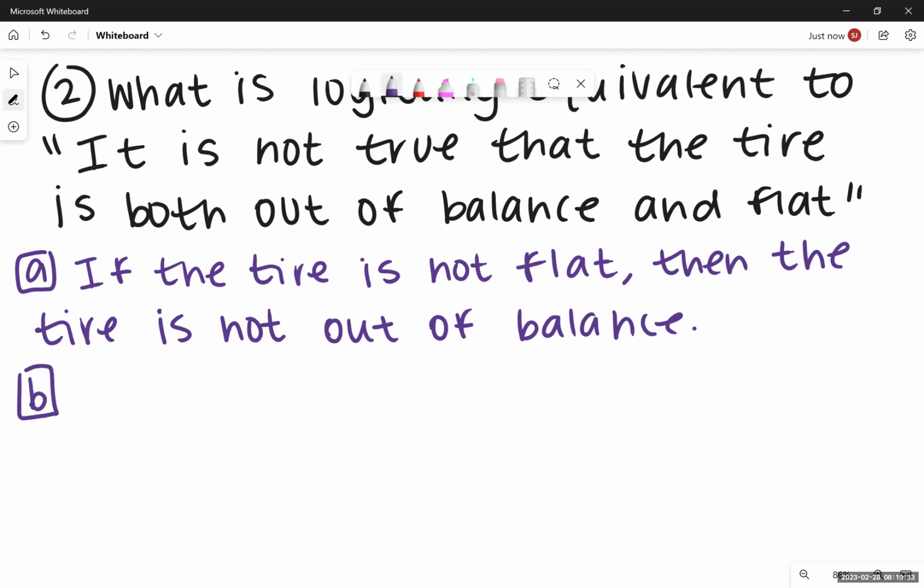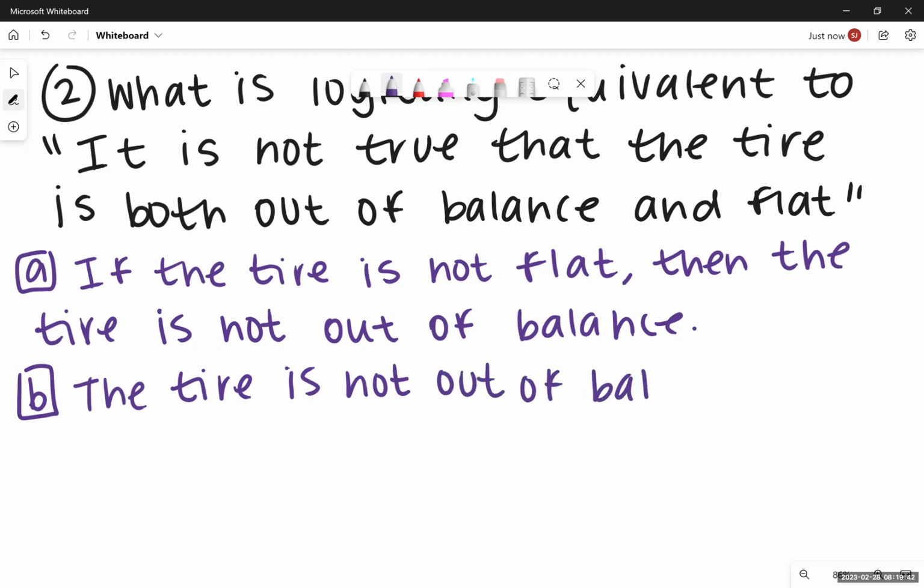For B, we have: the tire is not out of balance or the tire is not flat.